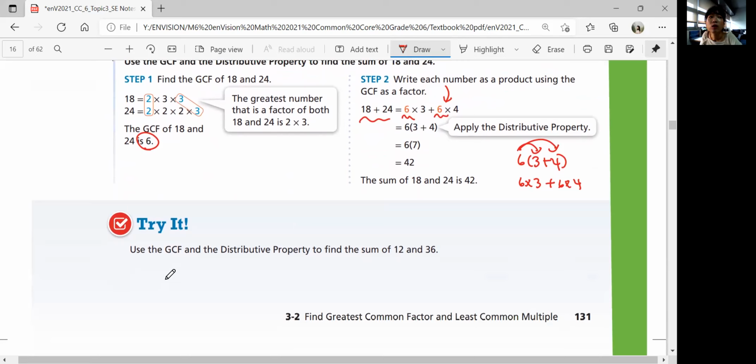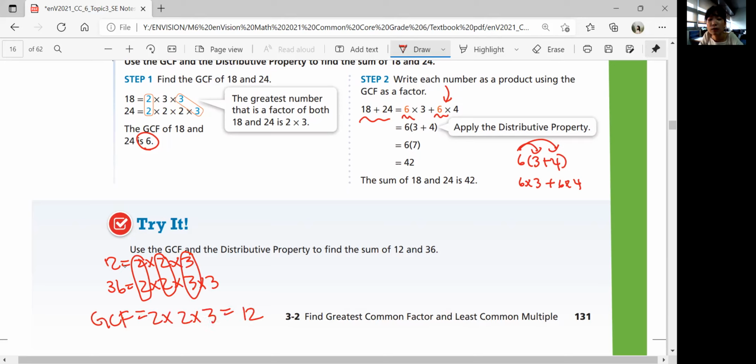Okay, so try using the GCF and the distributive property to find the sum of 12 and 36. For this one, you need to show all work. You have to use the GCF and distributive property. You cannot just add them, okay? So figure out the GCF. What is the GCF? 12 is 2 times 2 times 3. 36 is 2 times 2 times 3 times 3, right? So GCF is 2 times 2 times 3, which is 12.